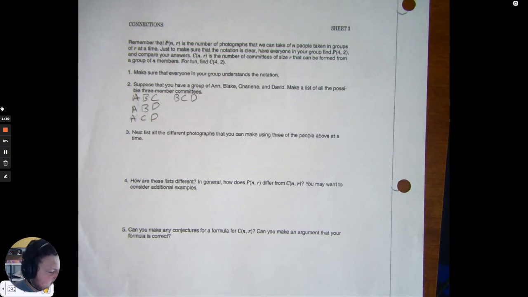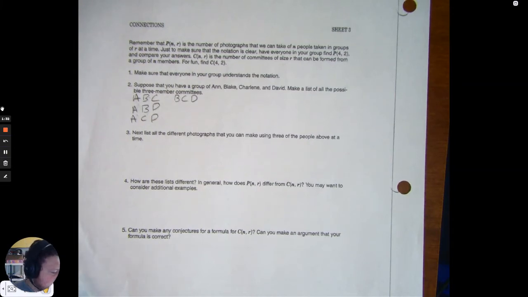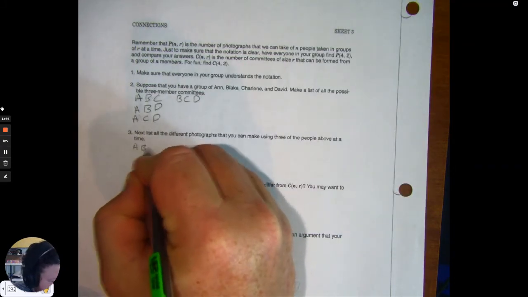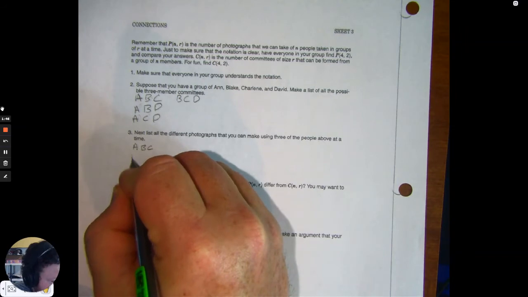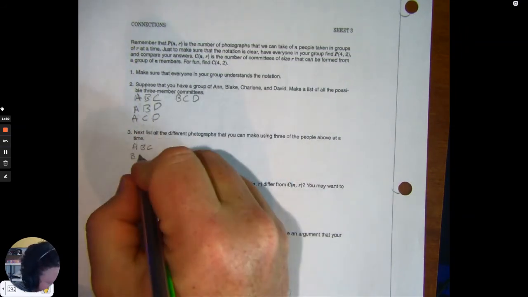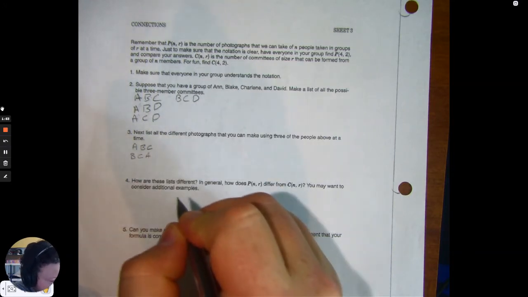Okay, the next one says list all the different ways photographs could be made using 3 out of the 4 people. Well, now the order matters. So now it really starts to get a little bit more difficult, right? Because not only do we have A, B, C, we could also have B, C, A, which would be different.